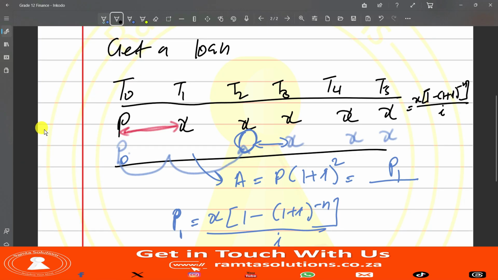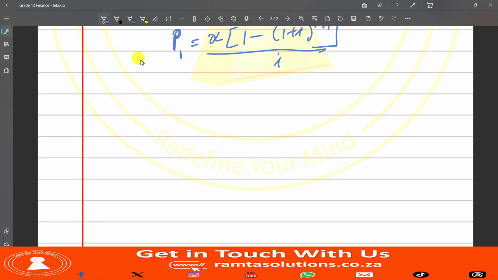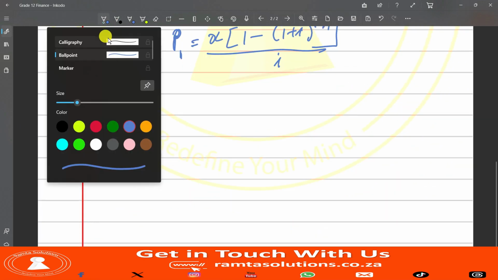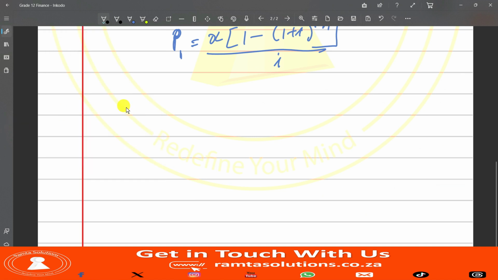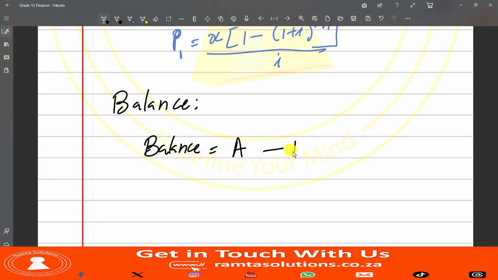I believe when it comes to the balance, you guys are not really struggling. But let's look at the balance of the loan. With the balance, you can use this one here. You can say balance equals accumulated amount of the loan minus future value of the payments.